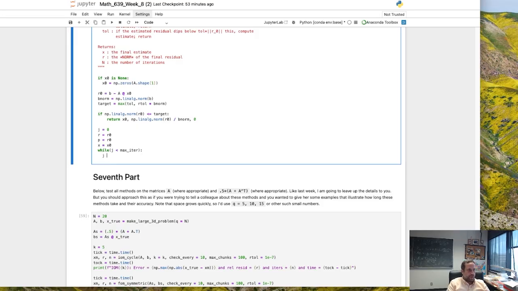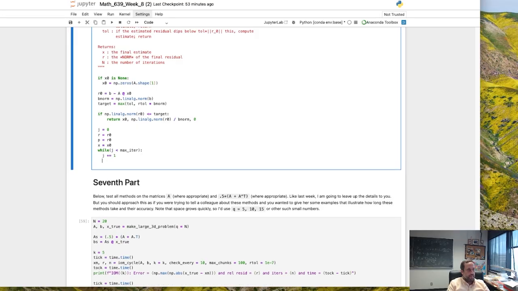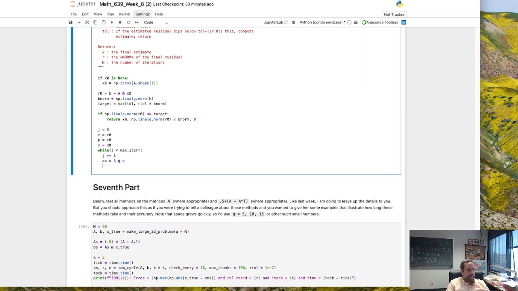First we're going to increment J. Now there are several times where we have to compute APJ, so I'm just going to call that AP. So AP is going to be equal to A times the current value of P. If you look at the algorithm, it's APJ that gets used. So AP is equal to A times PJ.